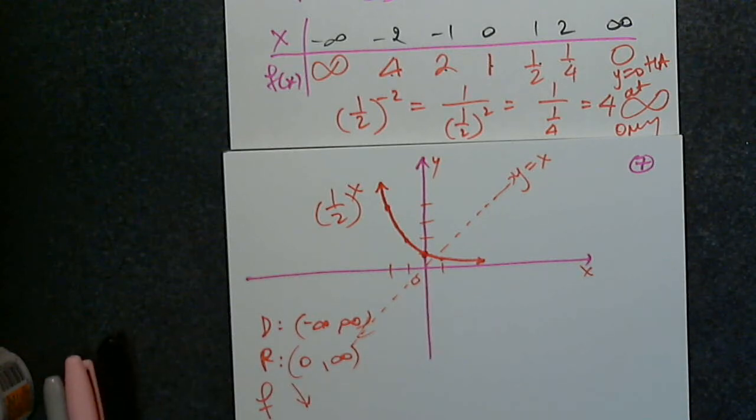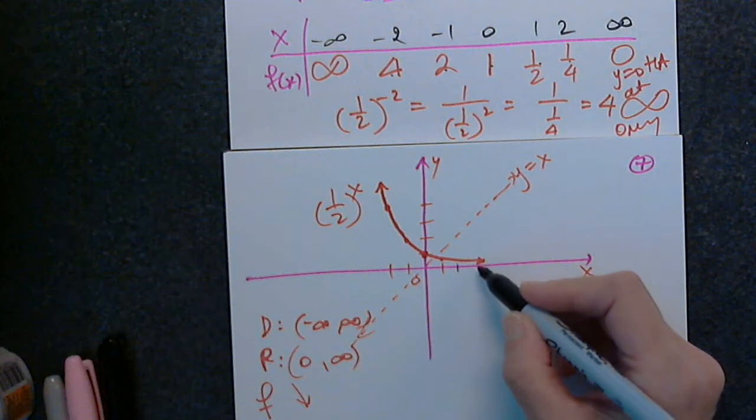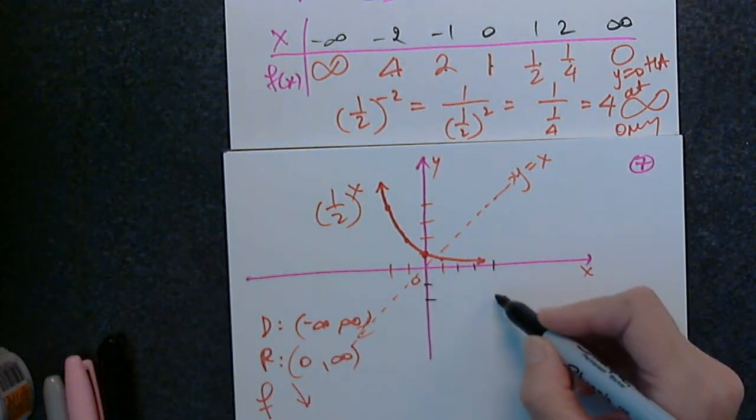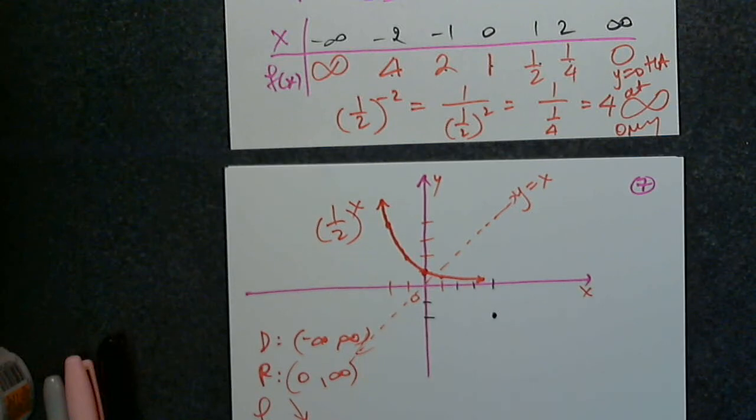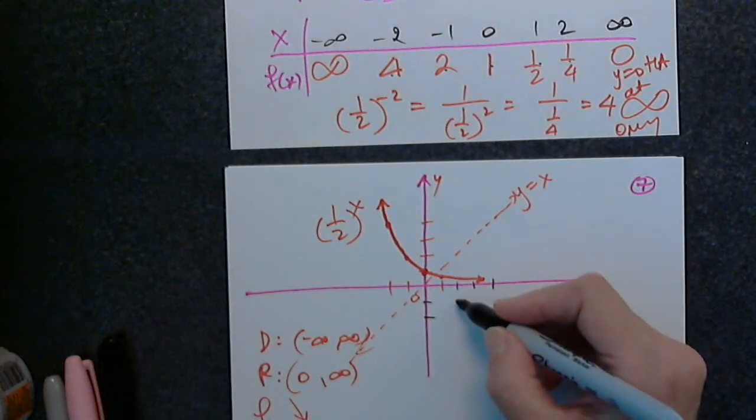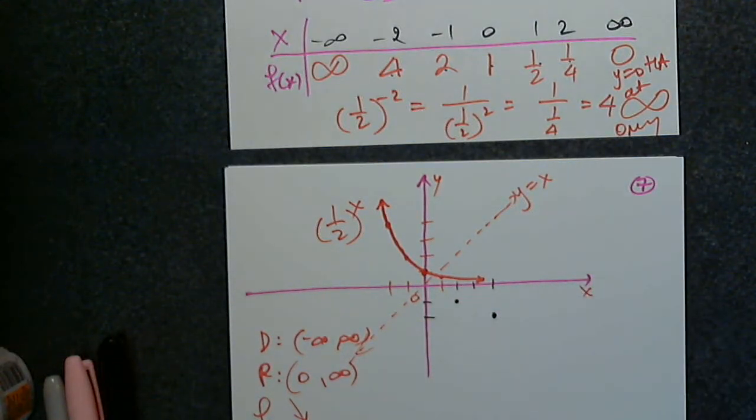-2, 4. -2, no. 4, -2, I agree. So 2, -1. I completely agree with 2, -1. 1, 0.